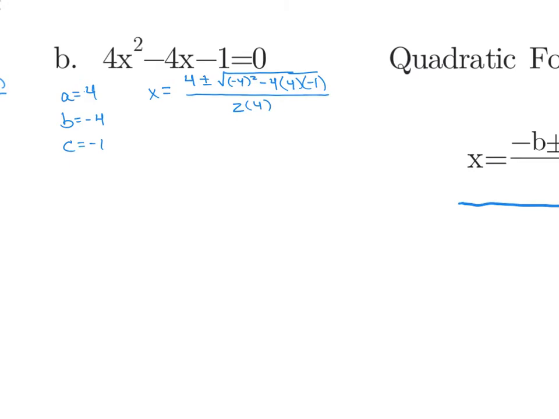If we simplify now, we get x equals 4 plus or minus the square root of 16. Negative 4 times negative 1 is also 16. And 2 times 4 is 8. We can add inside the square root. We get the square root of 32.